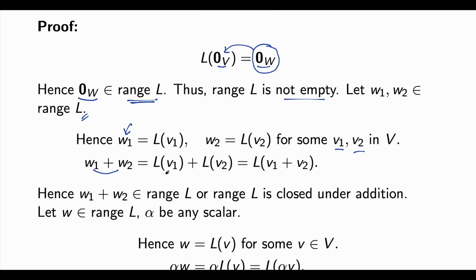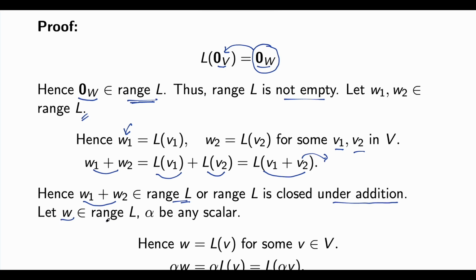W1 plus W2 equals L of V1 plus L of V2, and since L is linear, this is L of V1 plus V2. So we can always find the vector V1 plus V2 such that L of V1 plus V2 equals W1 plus W2. It means that W1 plus W2 belongs to the range, so the range is closed under addition.